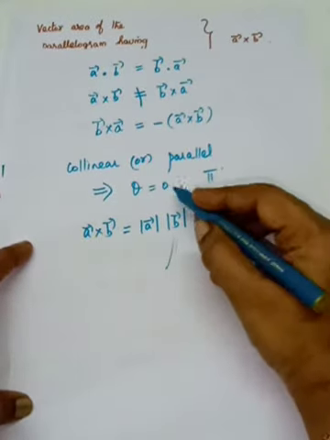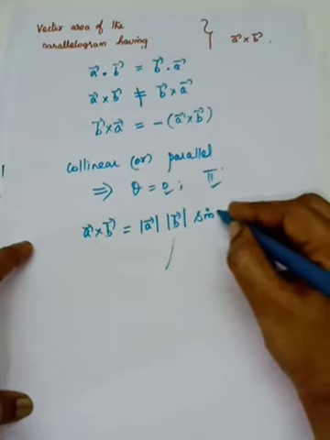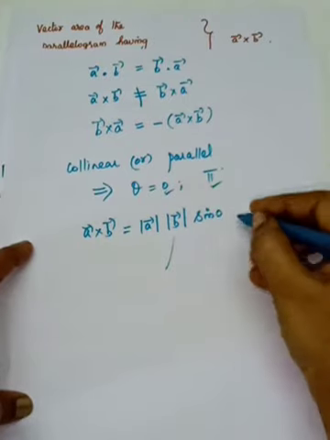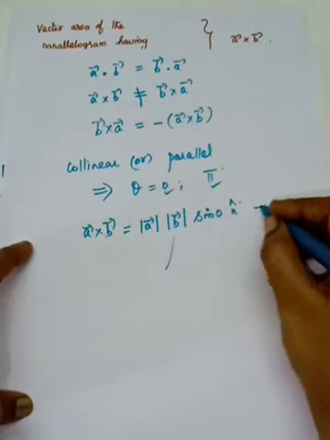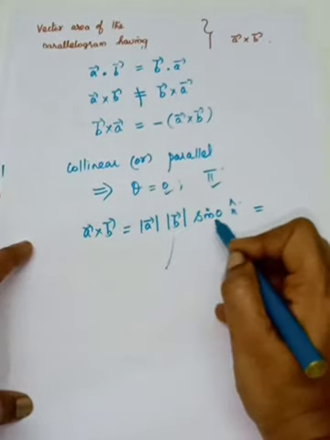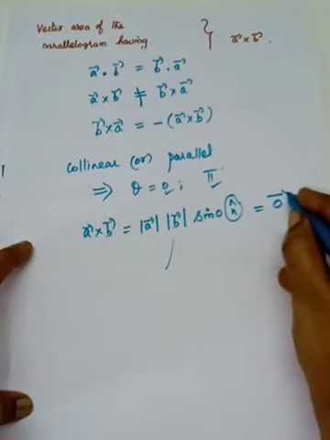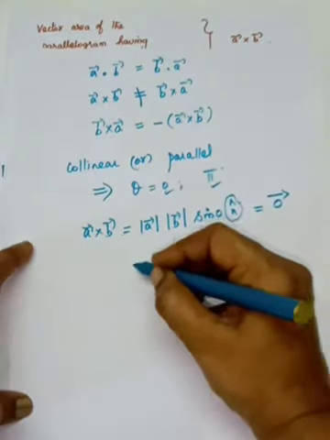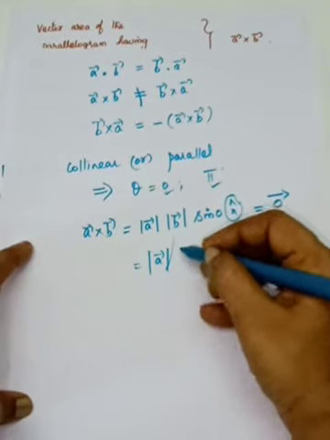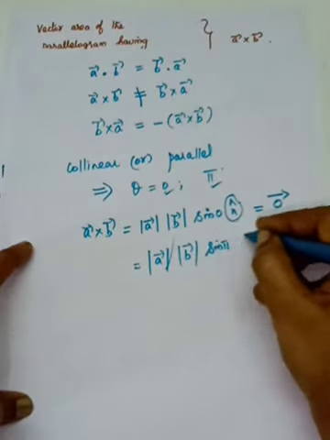So if you write sine theta 0 or pi, so if you write 0 into n cap, what answer will you get? Sine 0 is 0, 0 into anything is 0, but here you have a vector, so you have to write 0 vector. Suppose the angle is pi: modulus of A vector, modulus of B vector, sine pi into n cap.